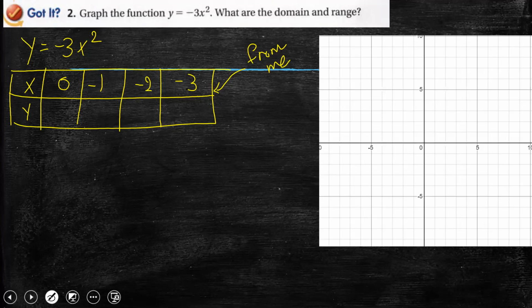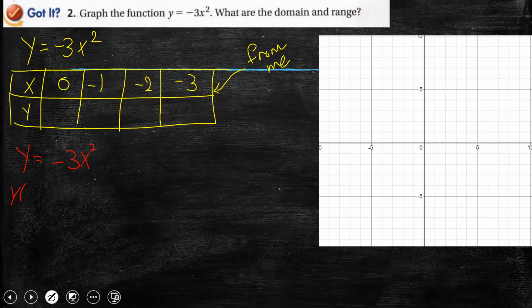After I choose these points, you have now to evaluate each point in the function. The function is y equal negative 3x squared. At point 0, what do you have to say?